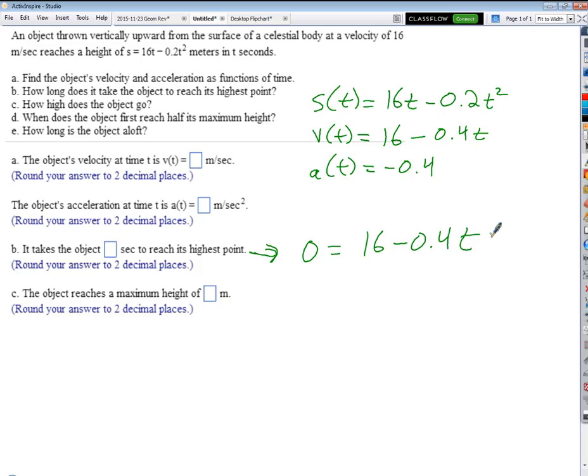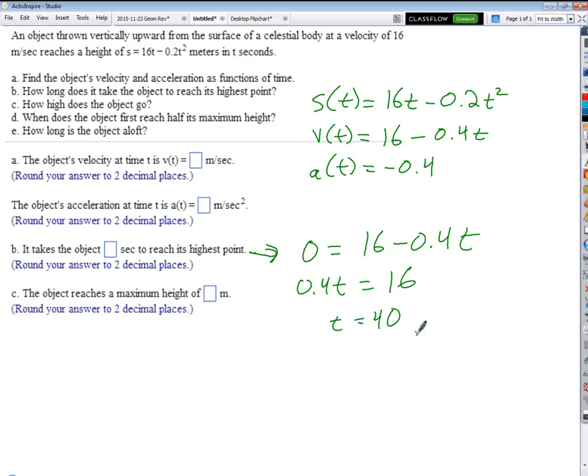We could add this term to the other side. 0.4t equals 16. Divide by 0.4 and get 40. So t equals 40? Yeah. And I guess that's the answer they wanted.